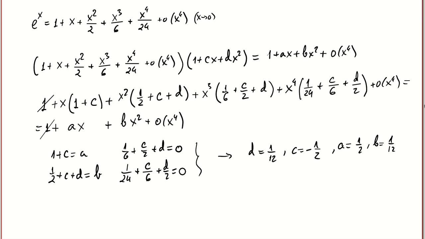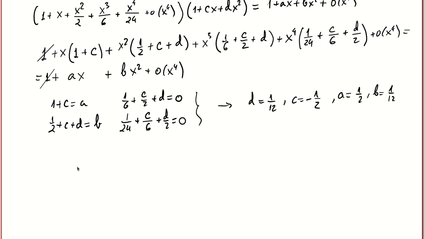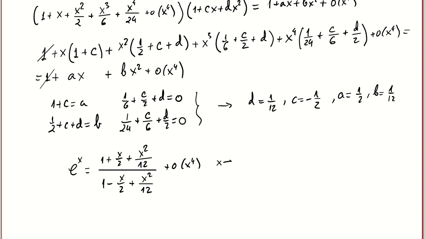So it turns out that the rational approximation we're looking for looks like this: 1 plus x/2 plus x squared divided by 12, over 1 minus x/2 plus x squared divided by 12, plus o(x^4) when x goes to 0.